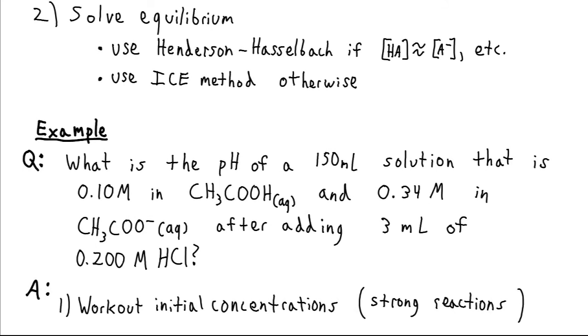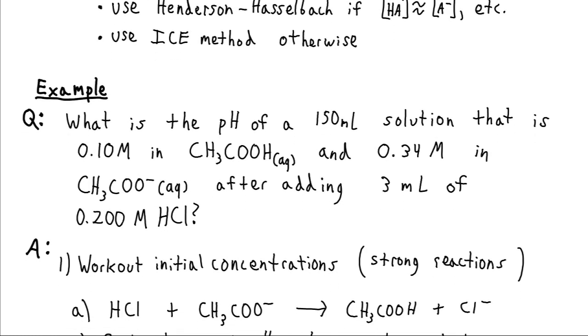So we want to go ahead and, as mentioned, first work out the initial concentrations that result from our strong reactions. And this is going to be our strong reaction. We have a strong acid, and the acetate anion is a base in this case. So these will react to produce acetic acid and chloride ions in our solution.